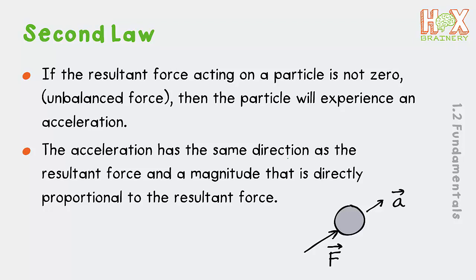The acceleration has the same direction as the resultant force and a magnitude that is directly proportional to the resultant force. F here can represent the resultant force, and this particle or body is experiencing an acceleration in this direction.